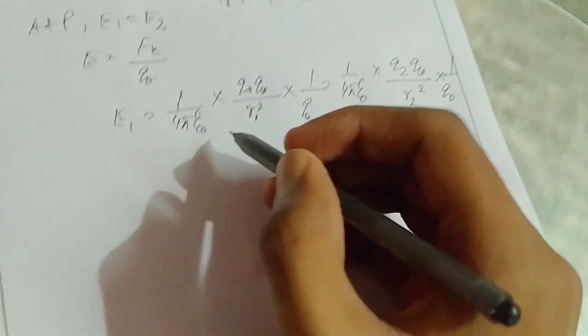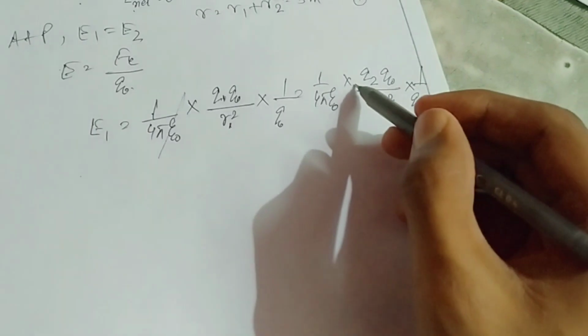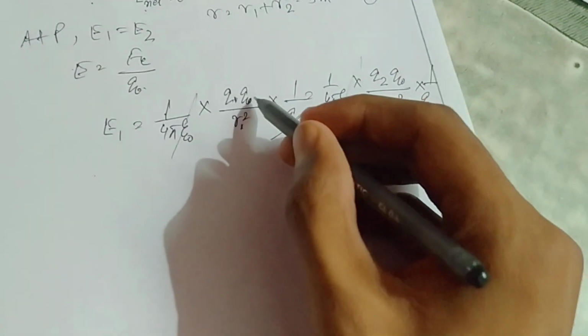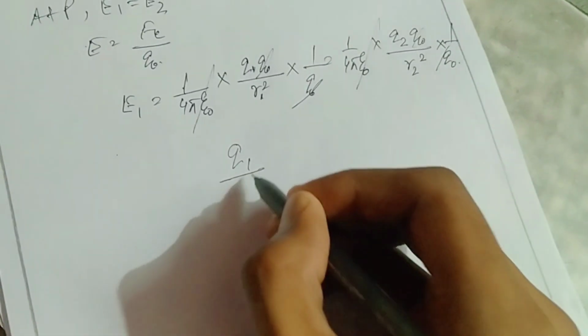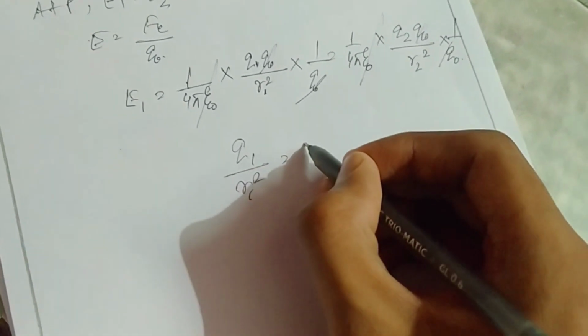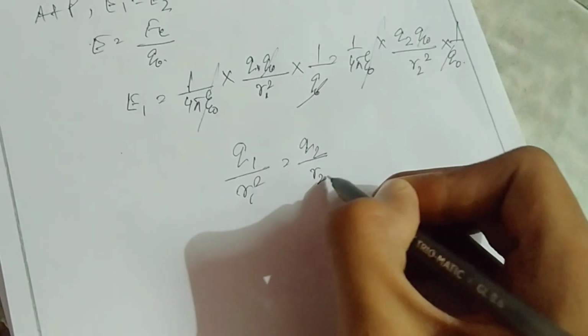So here 1 by 4 pi epsilon naught and 1 by 4 pi epsilon naught get cancelled, and q naught and q naught get cancelled. So we get Q1 by R1 square is equal to Q2 by R2 square.